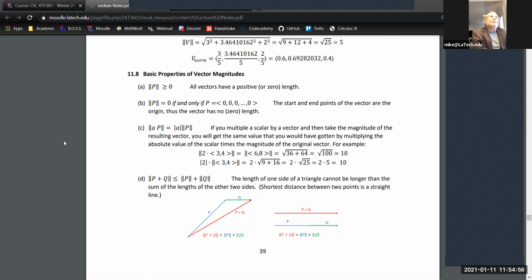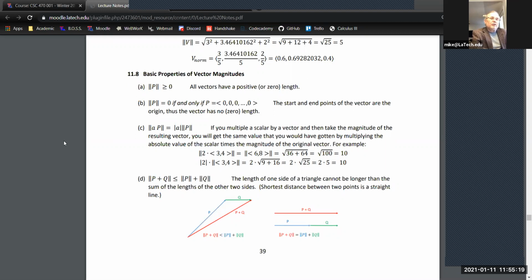Well, the shortest line segment you can have is a point, right? Where the start and the end point are the same. So if you've got a vector that's 0, 0, 0, both the start and the end point are the origin. So in that case, the magnitude is 0.